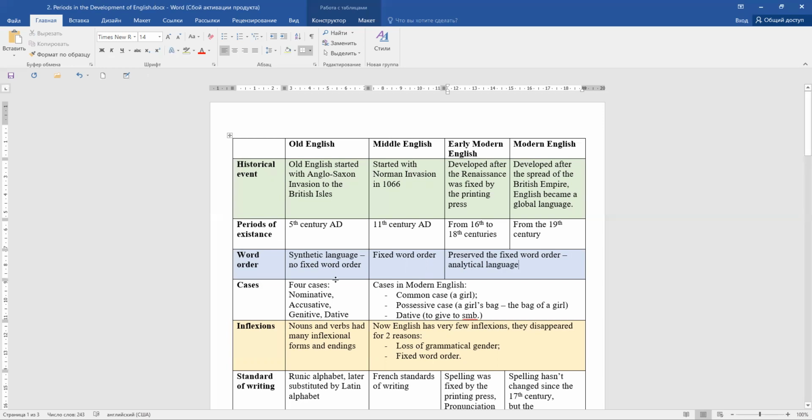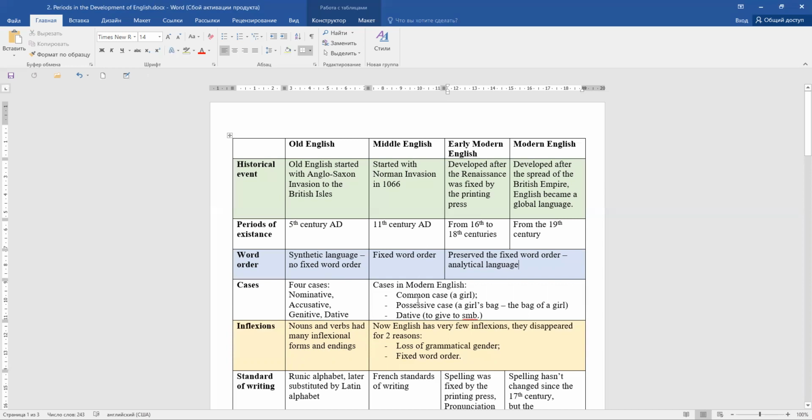When the language is synthetic, it means that there are 4 cases for nouns and adjectives: nominative, accusative, genitive, and dative. And nouns and verbs have many forms and endings.